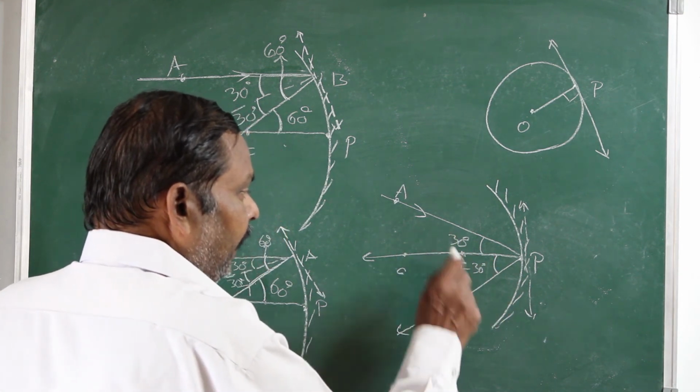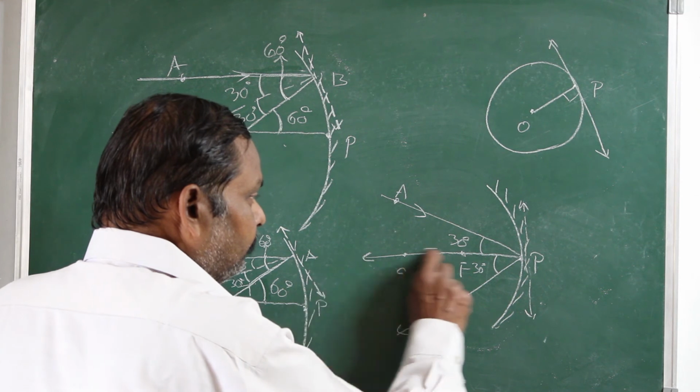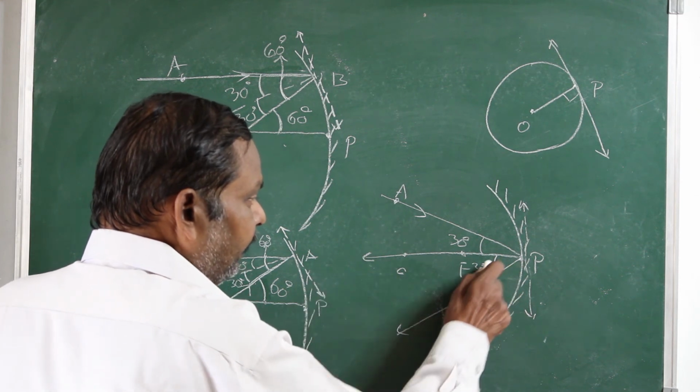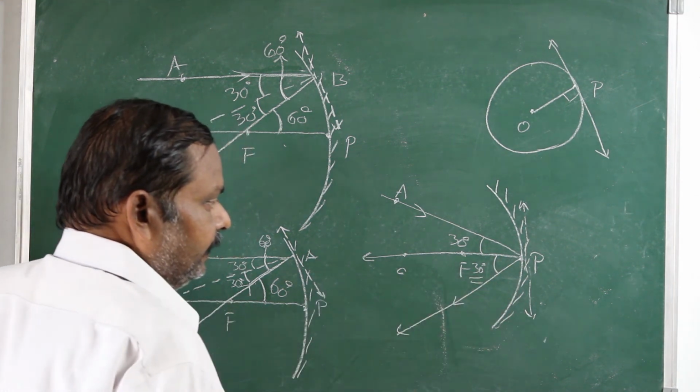So the angle between the principal axis and reflected ray here is again 30 degrees.